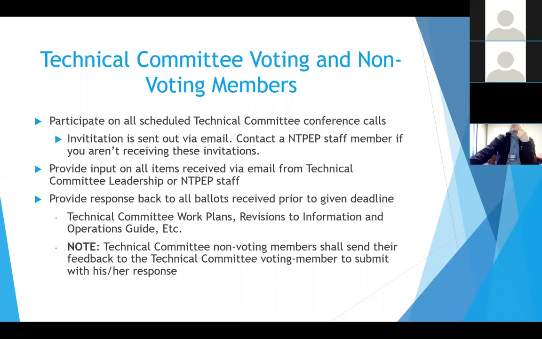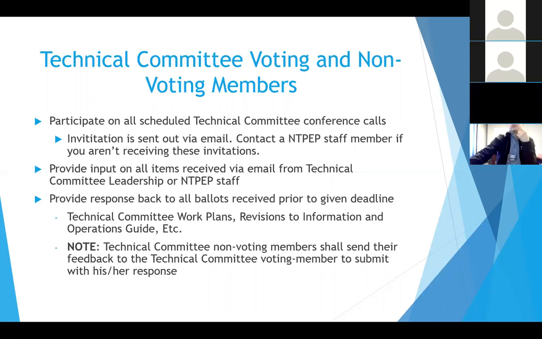Moving forward, beginning this year, 2020, the next set of work plans to be balloted will be sent out at the technical committee level, meaning the voting and non-voting members of the technical committee, as well as the industry membership of that committee, will be able to review and comment, and those that are able to vote will be able to vote on those ballots before it gets to the NTPEP committee level.